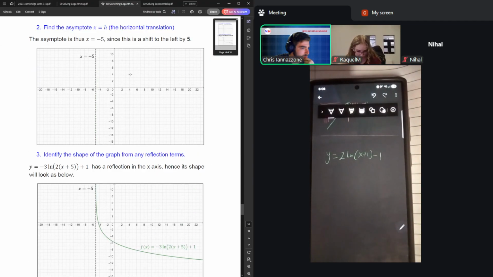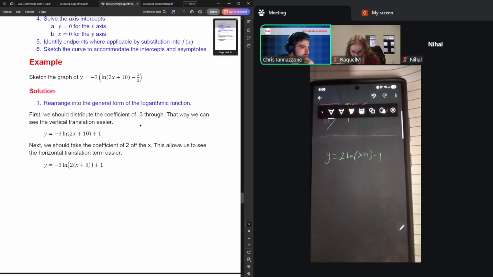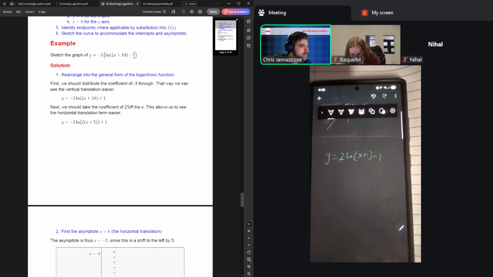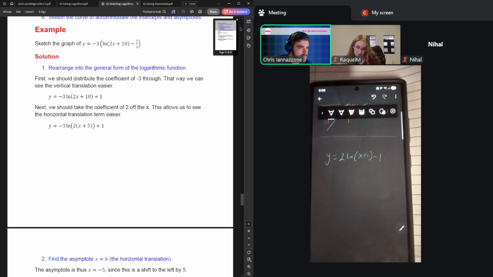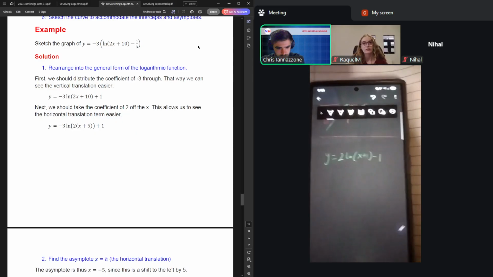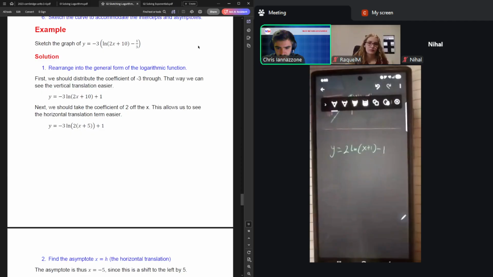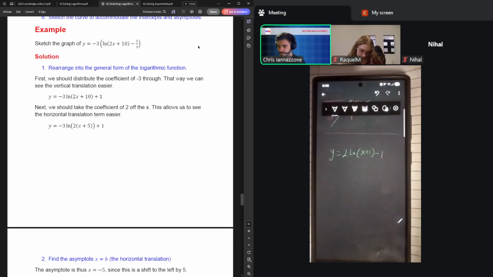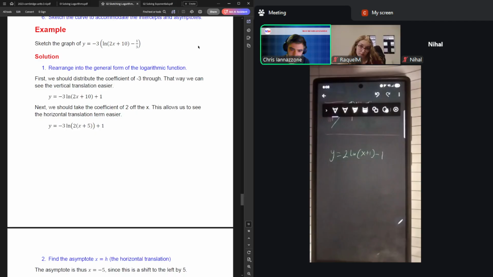I'll also leave the framework that we'll follow up on the screen share if you'd like to follow that instead of grabbing your own copy. So, what should we do to start this one? I'll give you a second to copy everything down.